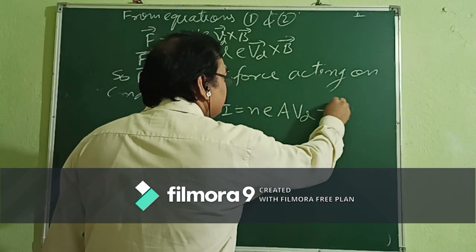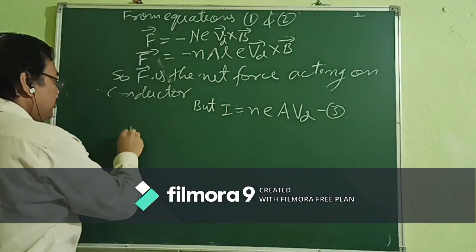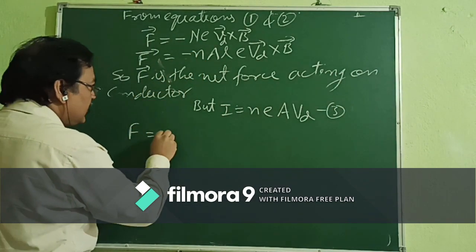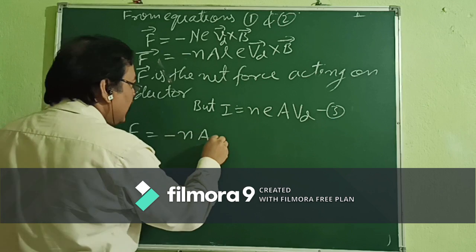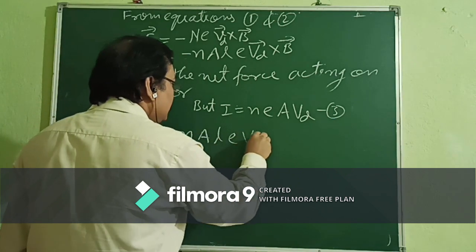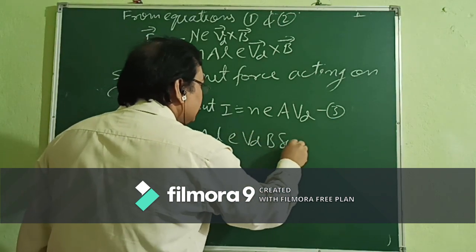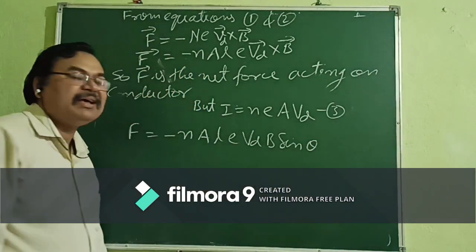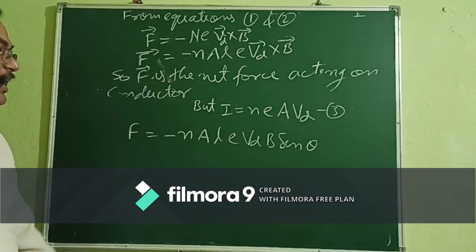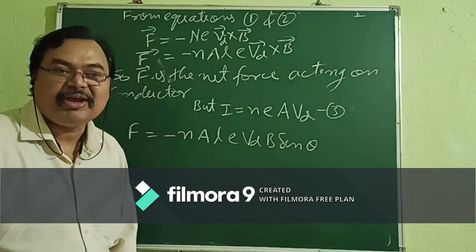Let us mark this equation number 3, and this equation we can write in scalar form, that is minus N A L e Vd B sin theta, where theta is the angle between direction of drift velocity and direction of magnetic field.